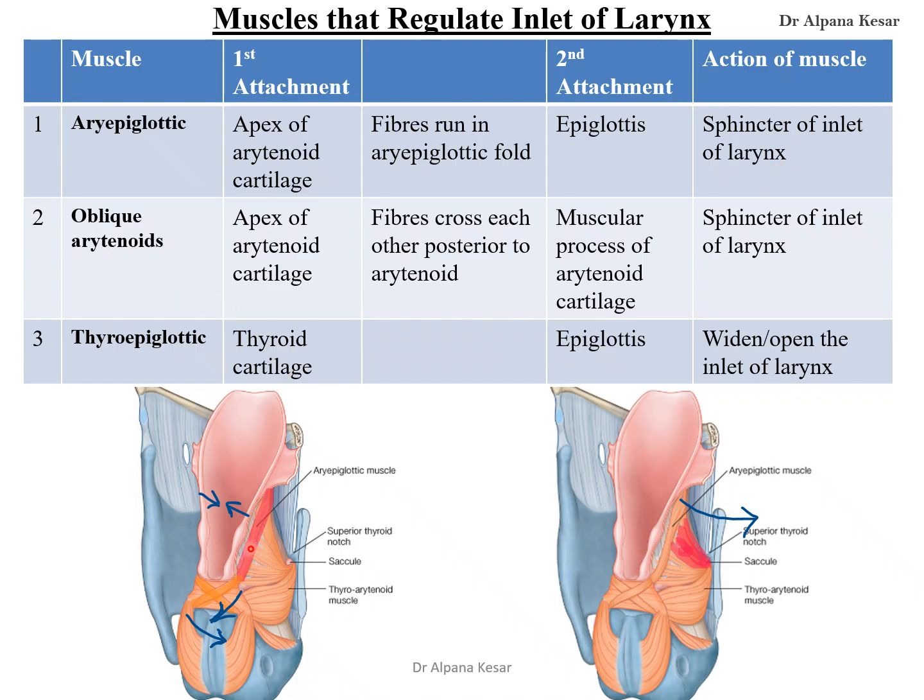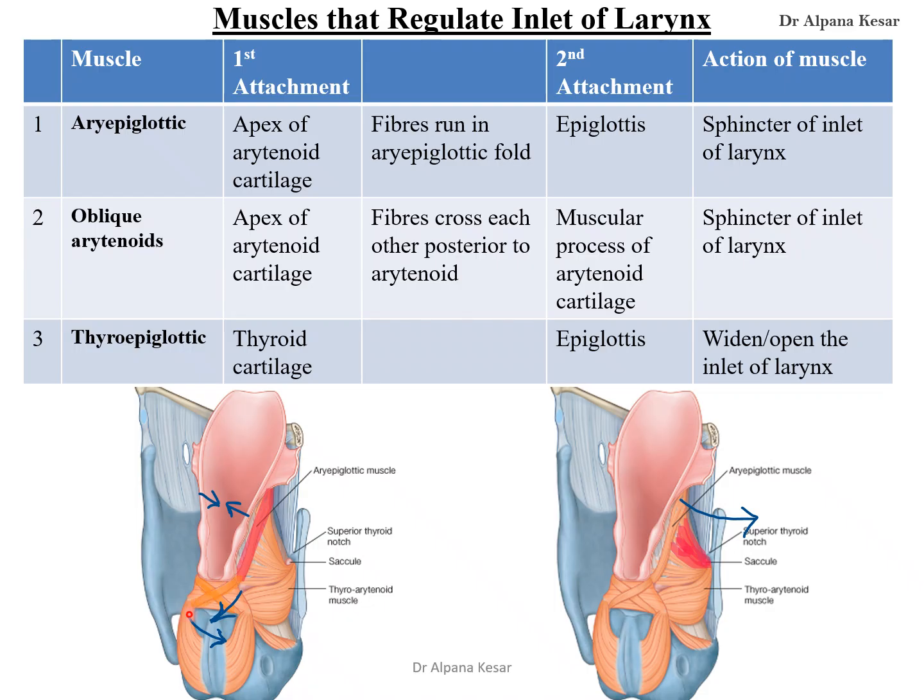Along with aryepiglottic muscle, oblique arytenoids also act like a sphincter of inlet of larynx. Oblique arytenoids appear as if they are a continuation of aryepiglottic muscle. One attachment is to the apex of the arytenoid cartilage, and the second attachment is to the muscular process of arytenoid cartilage of the opposite side.